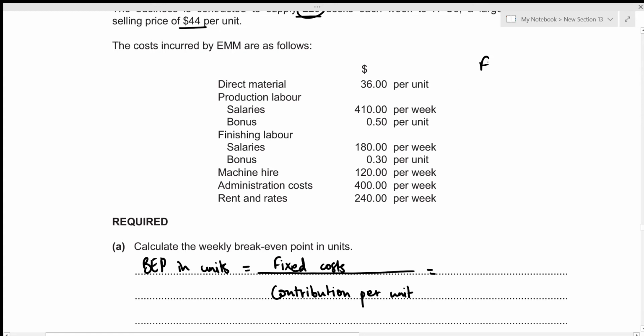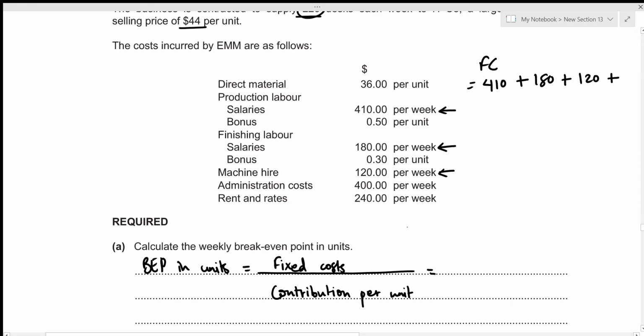If we're talking about fixed cost, then the first one we have right here is 410 for production labor salaries. Then we have per week right here, which relates to finishing labor salaries, and that's 180. Then we have the machine hire cost, which is 120 per week.